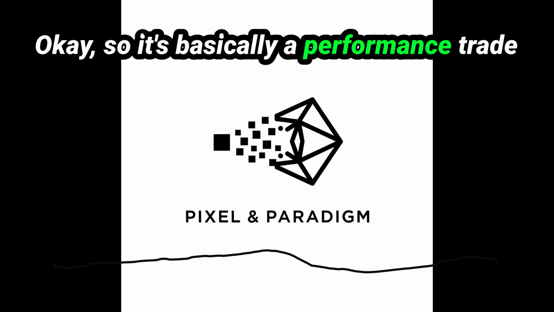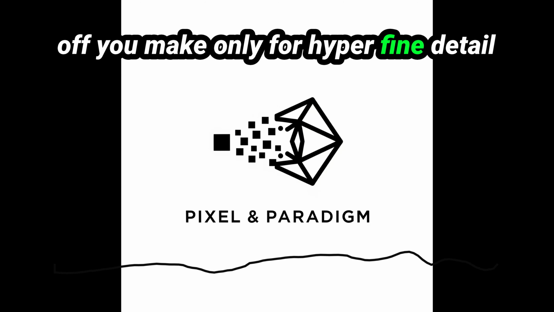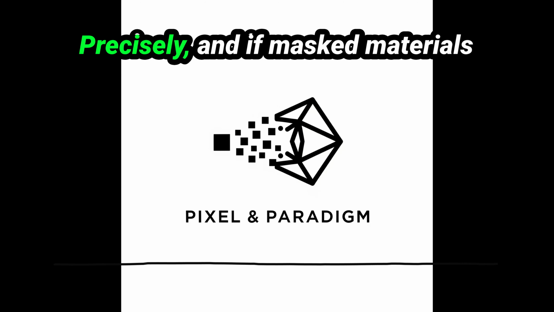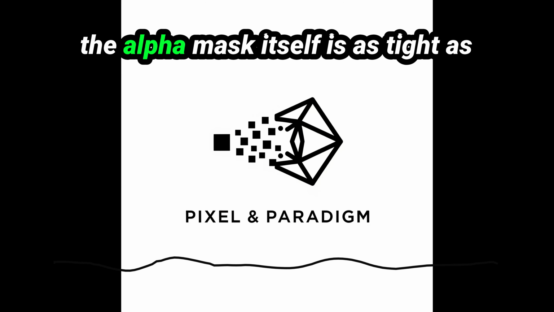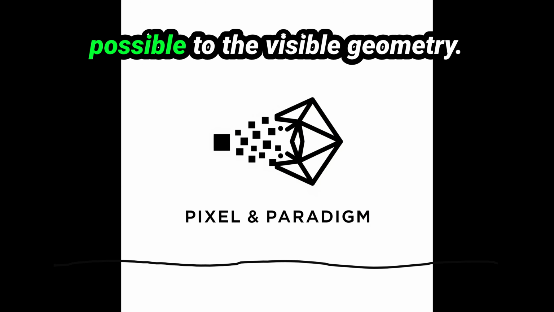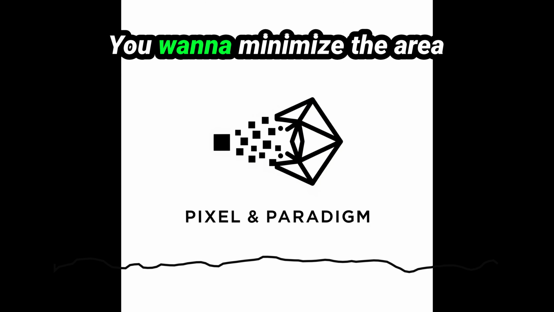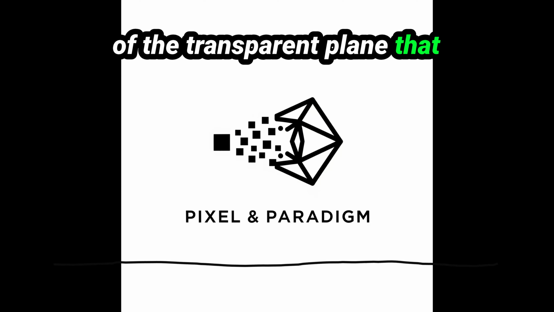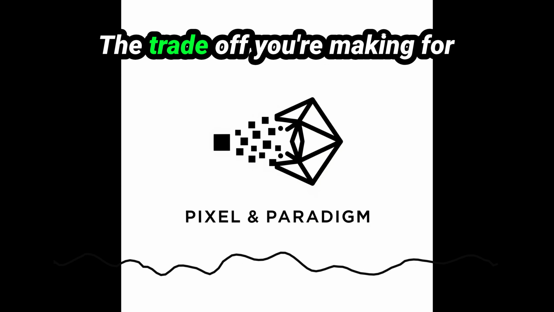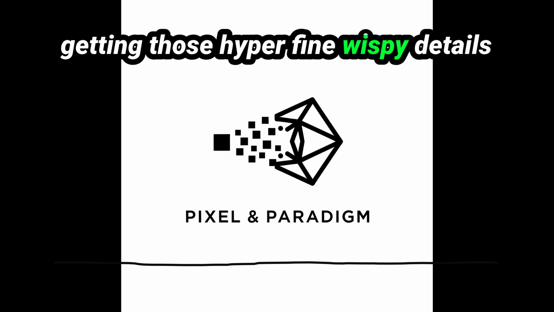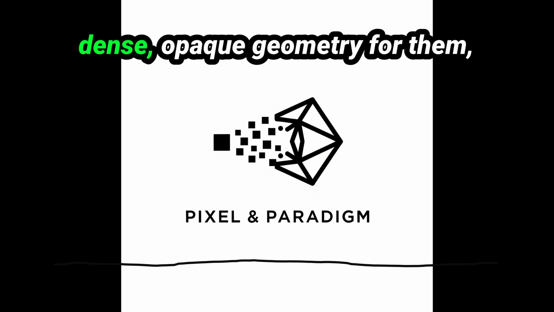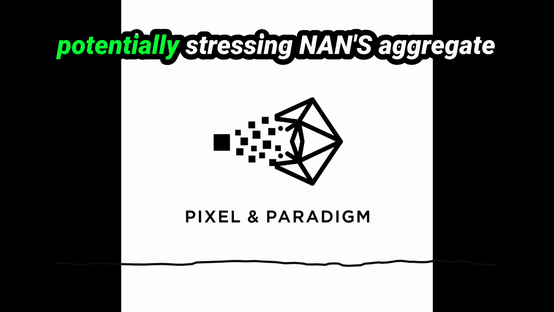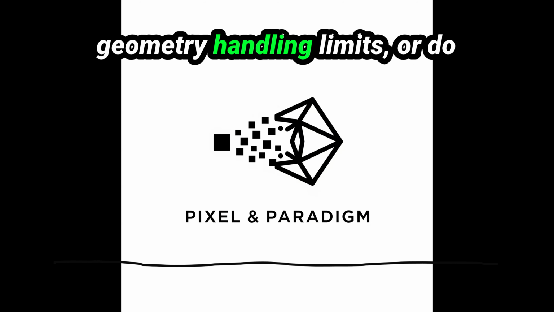Okay, so it's basically a performance trade-off you make only for hyperfine detail that you just can't model effectively. Precisely. And if masked materials are used, it's absolutely critical that the alpha mask itself is as tight as possible to the visible geometry. You want to minimize the area of the transparent plane that the engine still has to process. The trade-off you're making for getting those hyperfine, wispy details becomes: do you try to model incredibly dense, opaque geometry for them, potentially stressing Nanite's aggregate geometry handling limits?